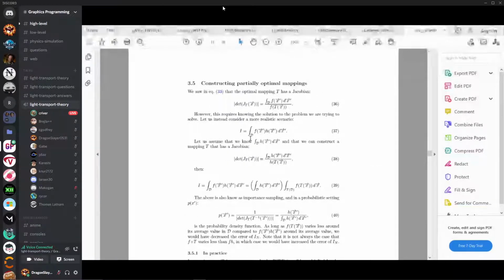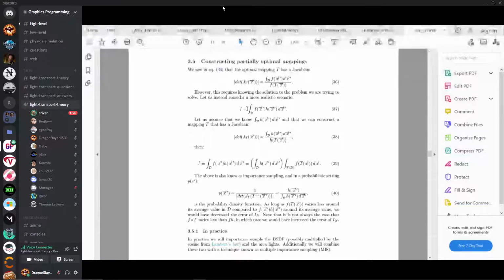Here's an example of this. Assume that you have a function f multiplied by h. In your rendering equation, let's say f is your BRDF and h is your light energy, so your radiance, or vice versa. You say, okay, I know how to integrate the BRDF, so I can construct a transformation such that its Jacobian is this over this, but I don't know how to analytically integrate the product.